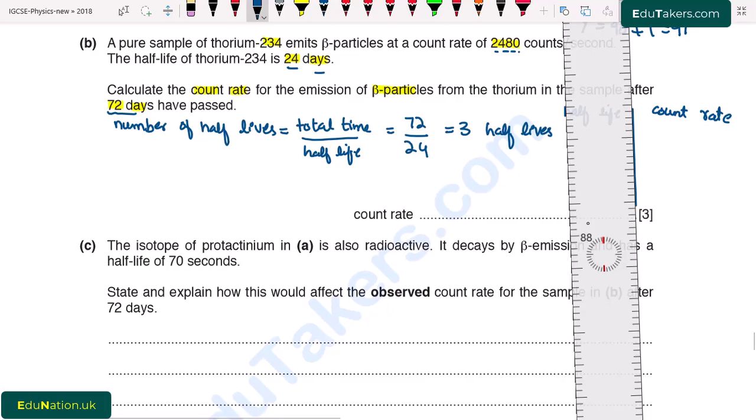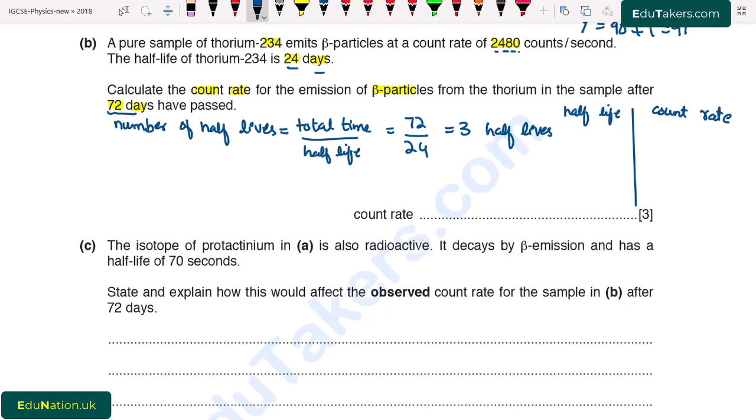So when the first half-life passes, then this amount remains half. So I write here 2480 divided by 2, it will be 1240. So the count rate after the first half-life reduces to 1240 counts per second. After the second half-life, it becomes half of this value and it will be 620.